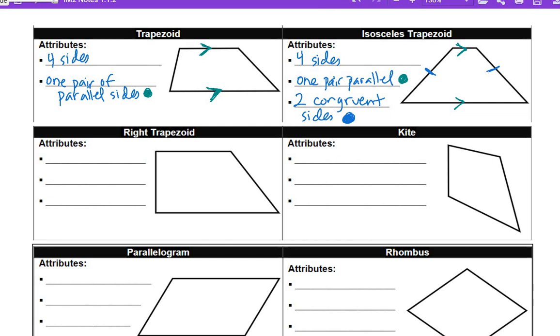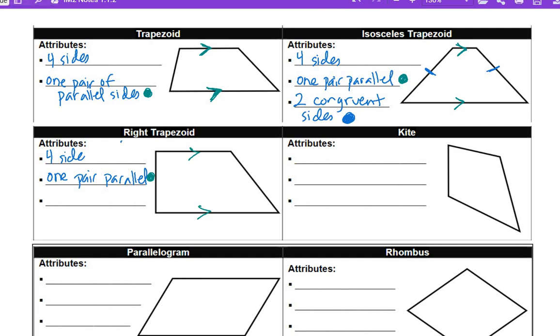Next, we have a right trapezoid. Again, we have 4 sides, 1 pair of parallel sides, and I'll mark that green.